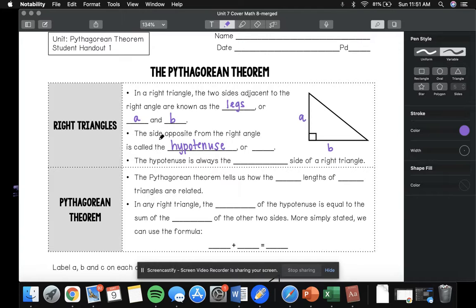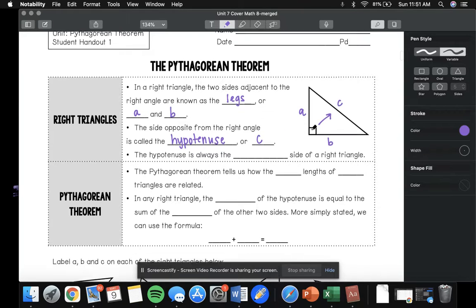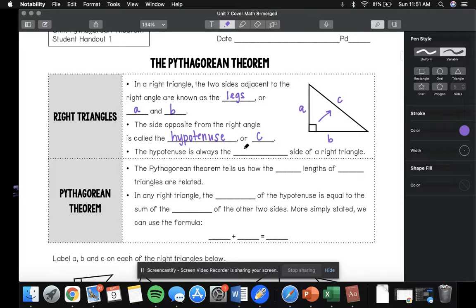For the hypotenuse, which is opposite of the right angle, we always use the letter C. Oh, actually, no. It is the longest side, excuse me.